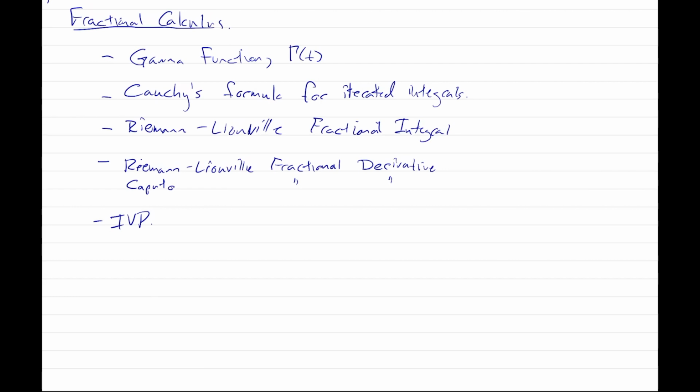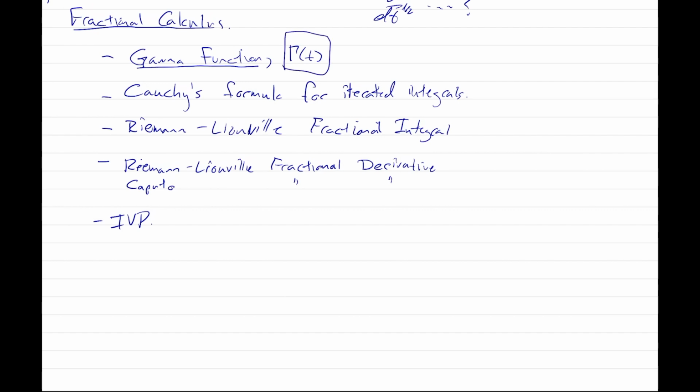All right, so we're going to be talking about fractional calculus, and the idea is that we're going to be taking, say, 1/2 derivatives in some fashion, but we need to be able to define what the heck that means. So in order to do that, we're going to need a couple of formulas. First of all, we're going to include something called the gamma function.